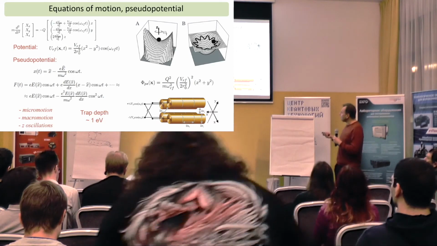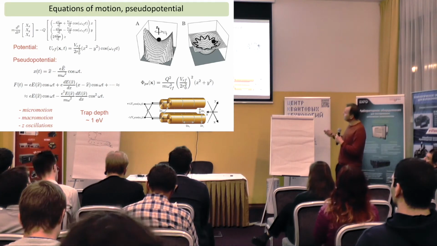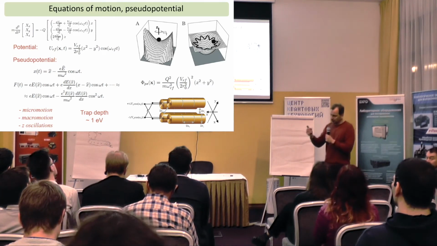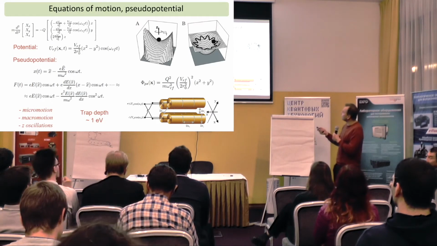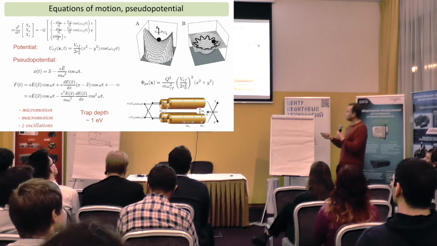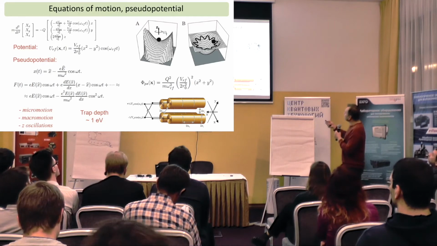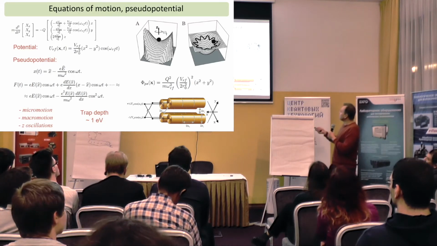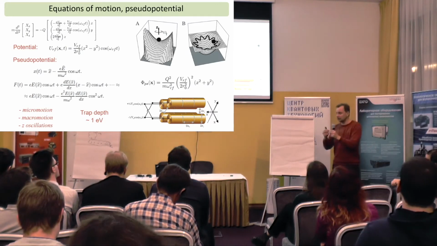And their motion in this trap can be split into micromotion, so oscillations at the frequency of the excitation field, in this radio frequency field. There is also macromotion, which has a circular frequency, the frequency in this pseudopotential, and also oscillations along the z-axis, which is also necessary to confine the ions.